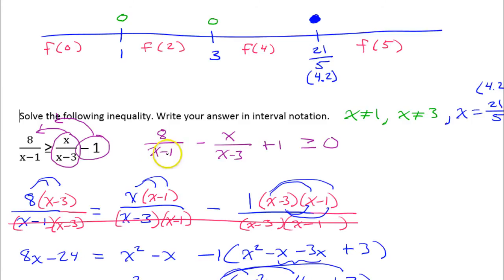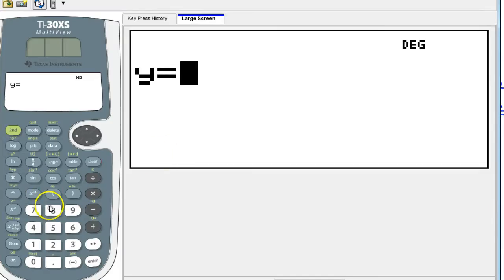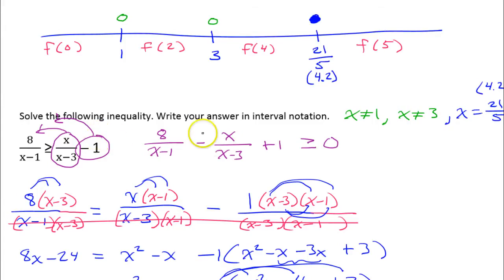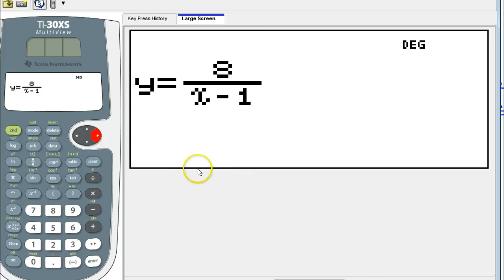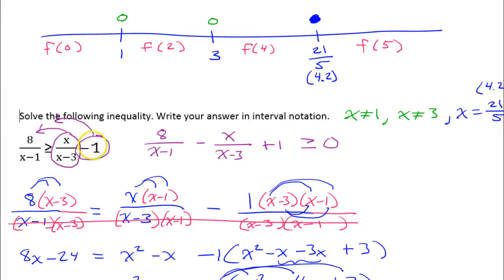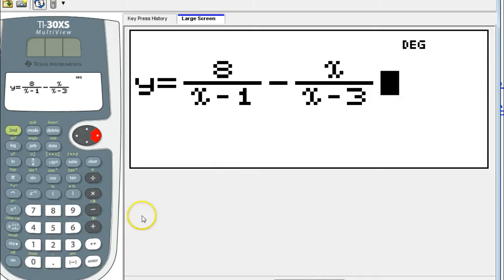So 8 over x minus 1, minus x over x minus 3, and then plus 1.